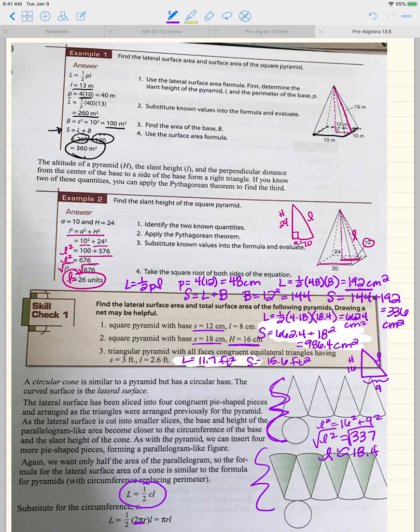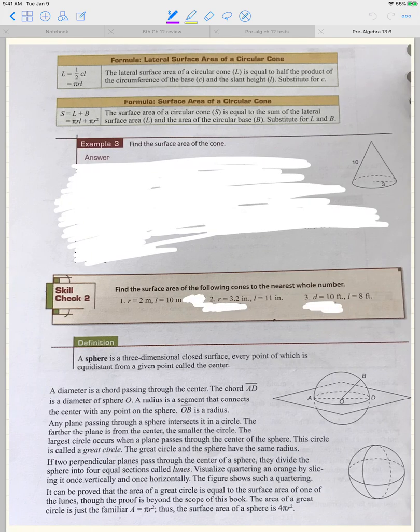When you multiply 2 pi r times 1/2, the 1/2 and the 2 become 1, so you end up with pi r l. That gives us the formula for the lateral surface area of a circular cone: big L is equal to 1/2 times the circumference times little l, which simplifies to big L equals pi r little l.